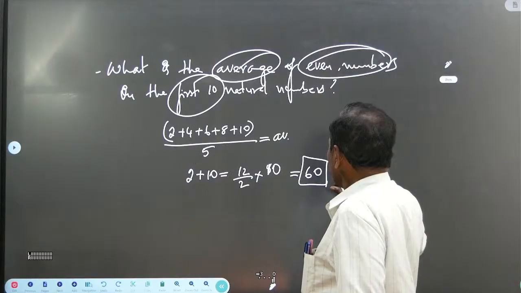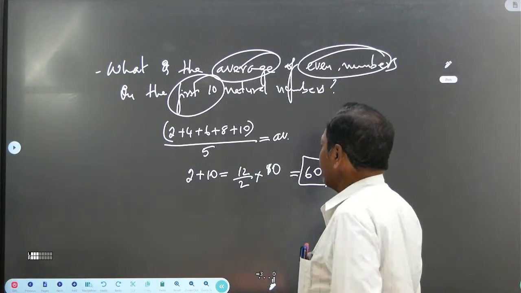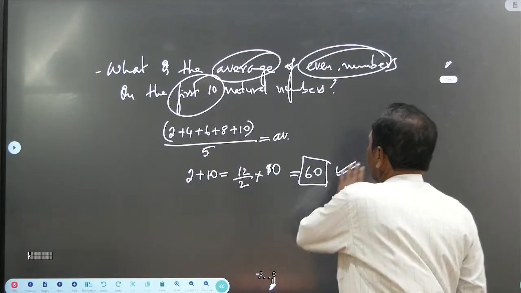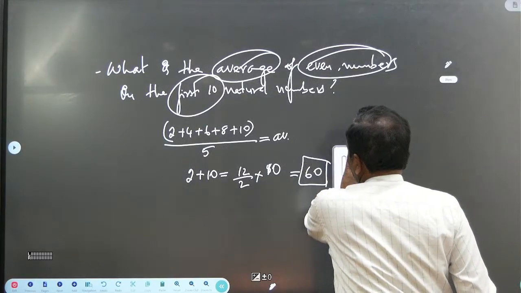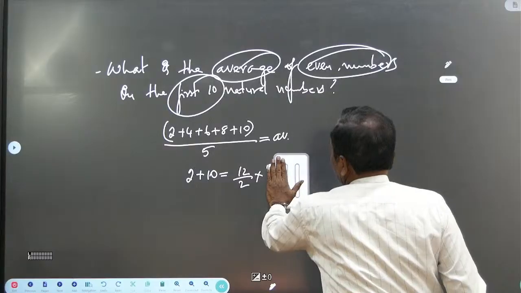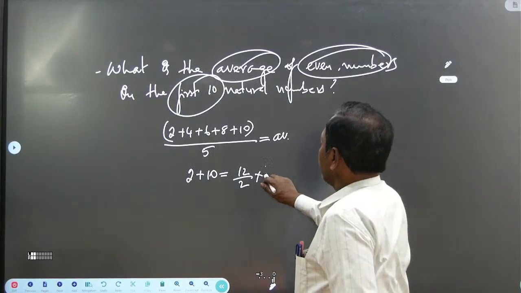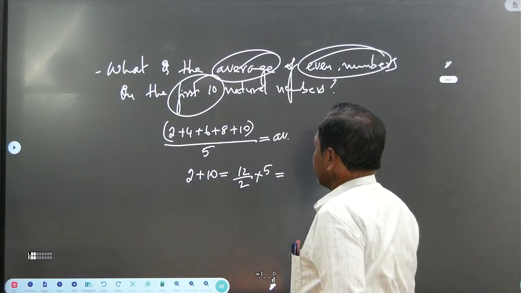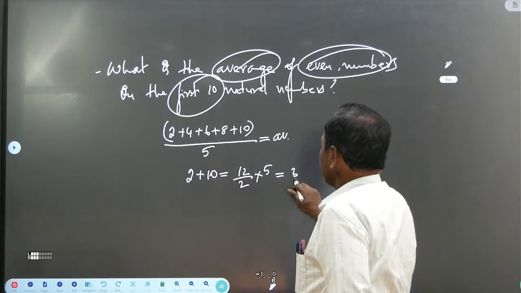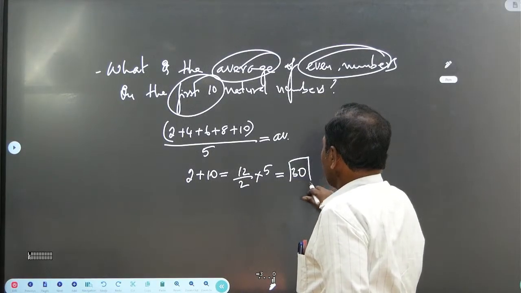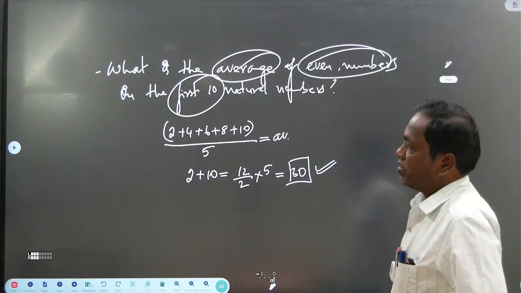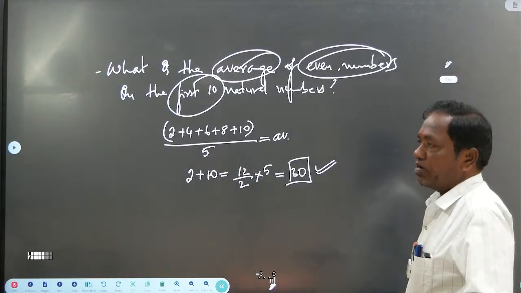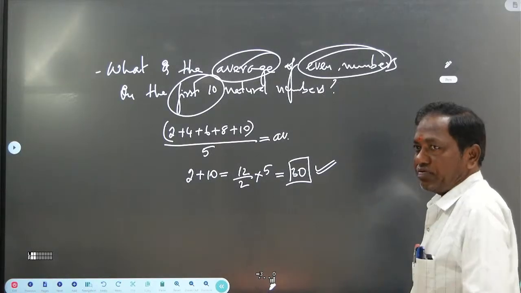Sir, it's 5, isn't it? Yes, so 6 into 5 means 30. Right, because in the 10 natural numbers, odd, even, odd, even, odd, even, 5 even numbers will be there. That is how it can be done.